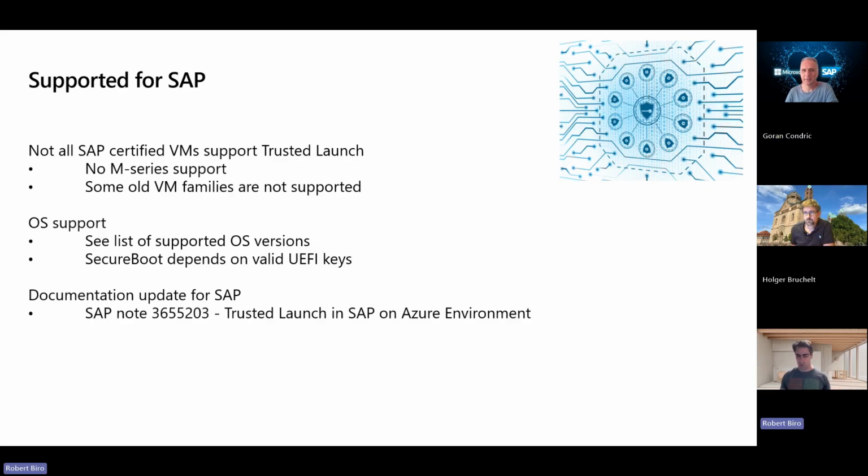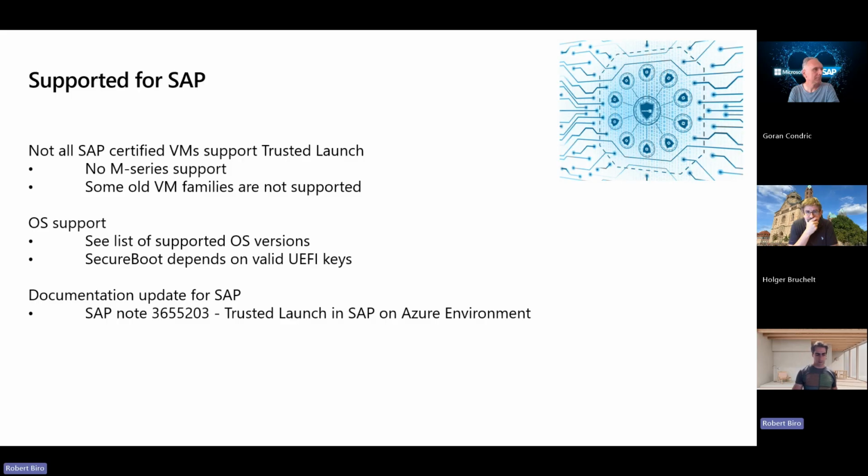Exactly, and do stop me if we get too technical on this one, but I wanted to highlight this specifically because Trusted Launch is a VM level property that enables the boot, but we are booting the OS, so we have OS dependencies. And if you enable Secure Boot, you have even more OS dependencies.